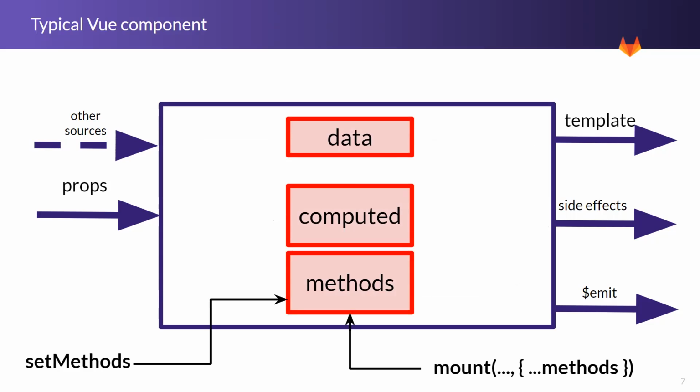Previously, in Vue Test Utils, you had two methods to change existing component methods. One was passing the methods property during mount or shallowMount, and another one was using setMethods, which you could call on the wrapper, allowing you to dynamically change one method or another.